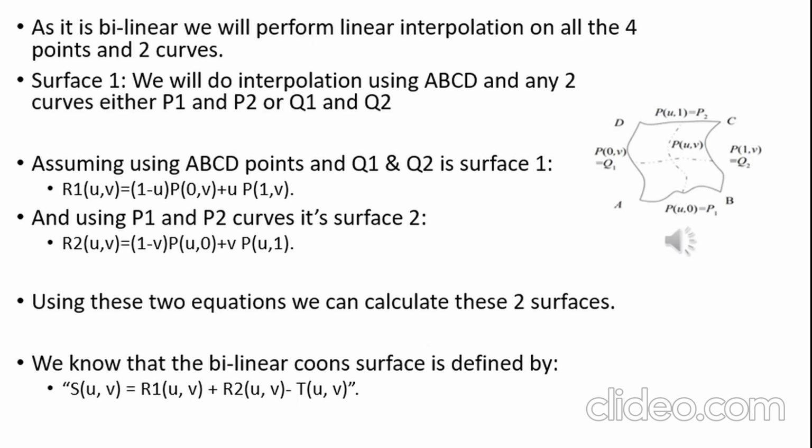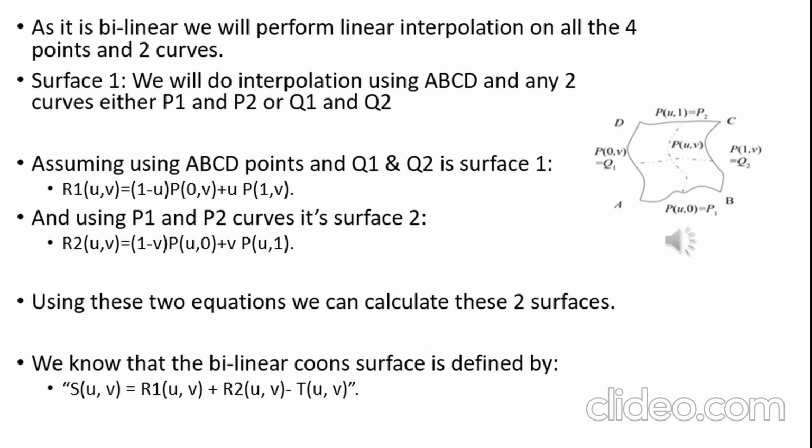So the equation to form the surface 1 is given below, represented by R1, and since we already used the curves Q1 and Q2, for surface 2, we will use the curves P1 and P2 with the points A, B, C, and D, and it would be represented by R2 and the equation given below.